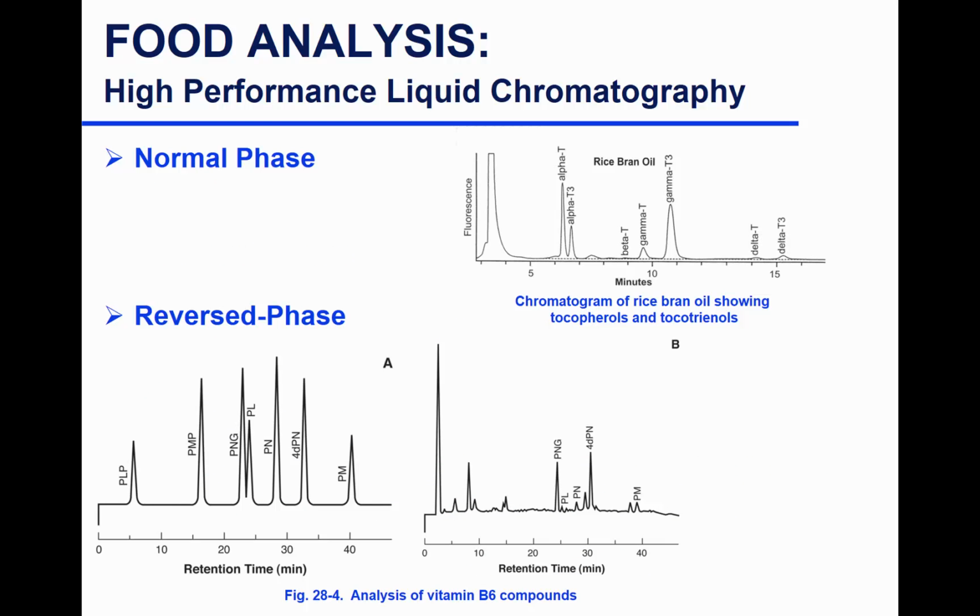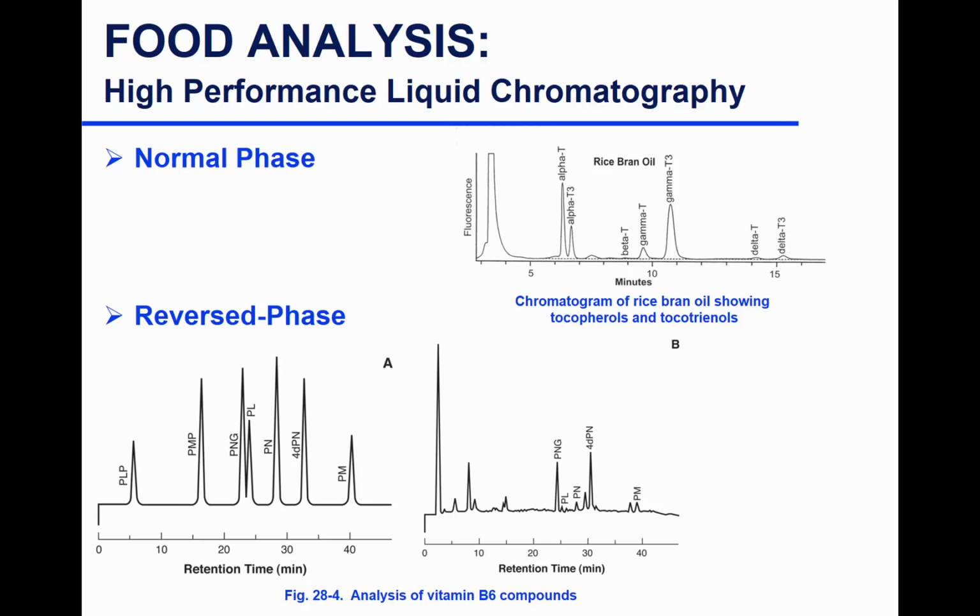These are just examples. So here you have rice bran, with different types of tocopherols and tocotrienols, and this is a normal phase. So alpha T, for example, is it the most polar or the least polar? It's normal phase.